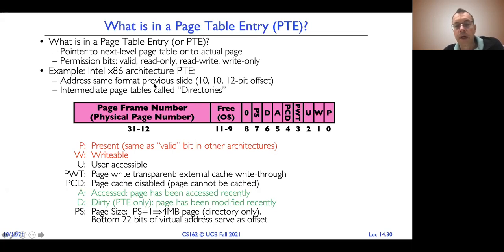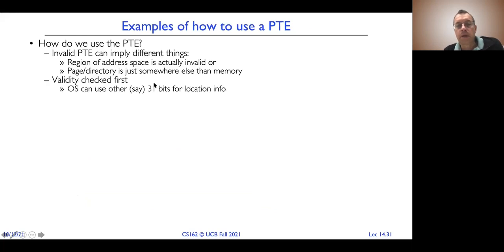Okay. So, examples of how to use PTEs. Invalid PTEs can again imply different things, and the operating system decides how to use these flags. One use, which I mentioned, is that the address space is actually not valid, it's not allocated.